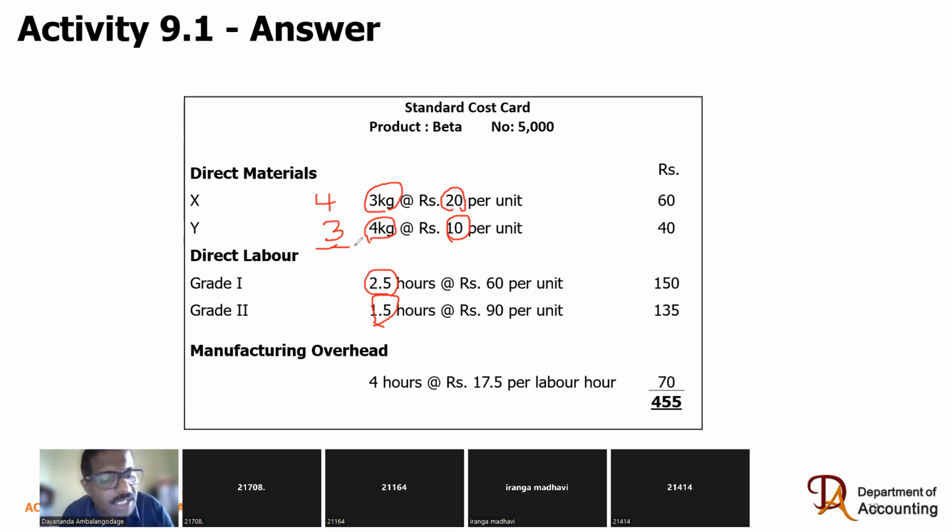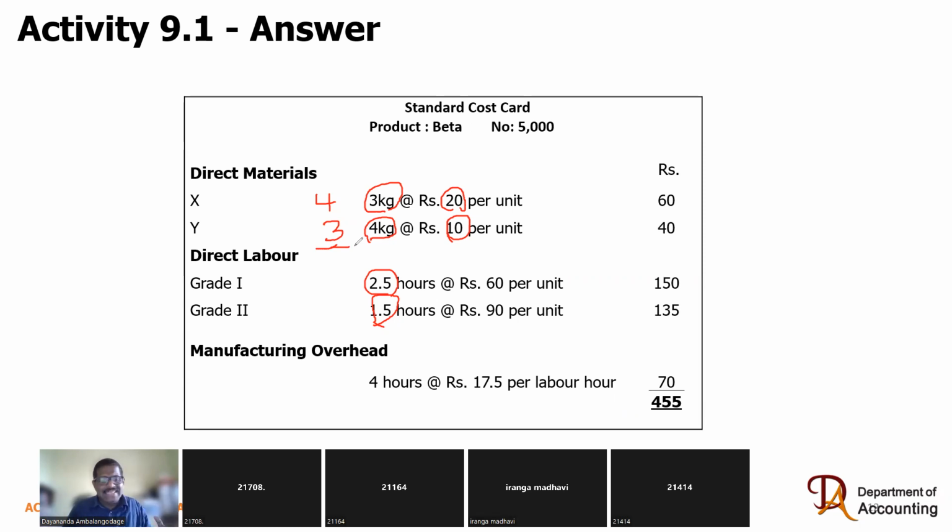But what I want to communicate to you is that if you look at the standard cost card itself, it sets targets for employees. The cost card itself is a controllable unit for employees, the factory manager.